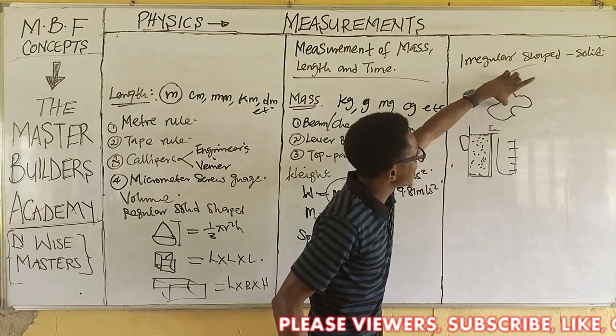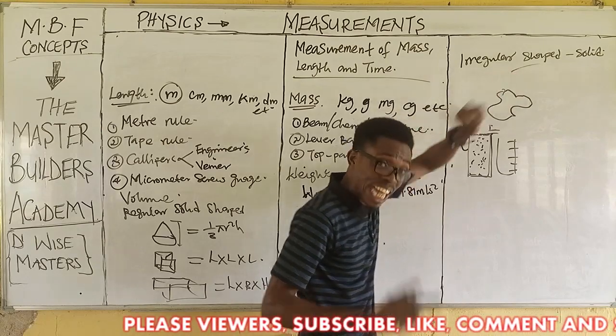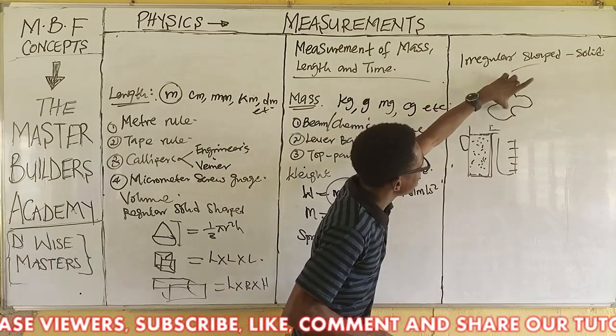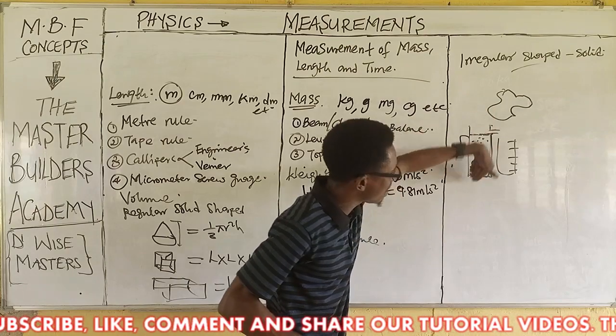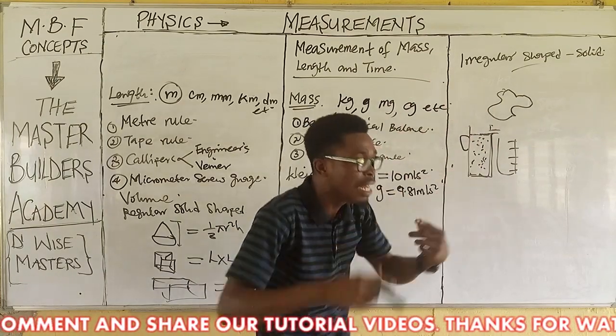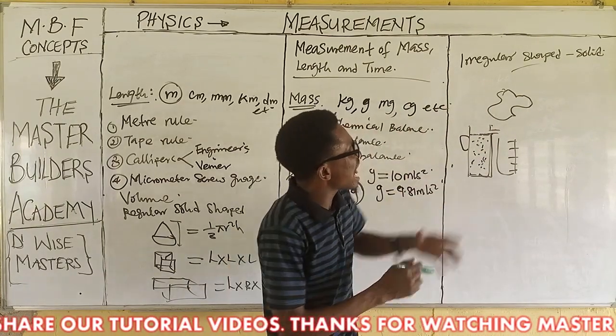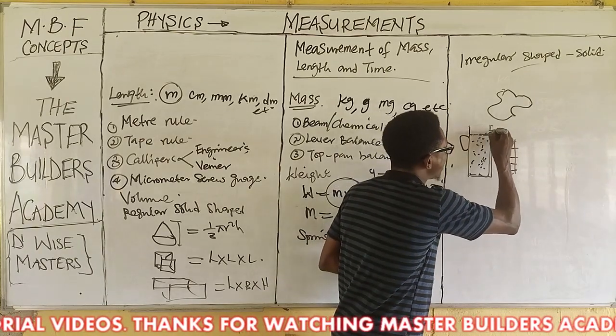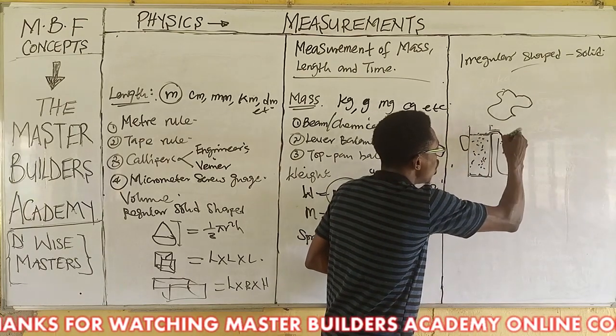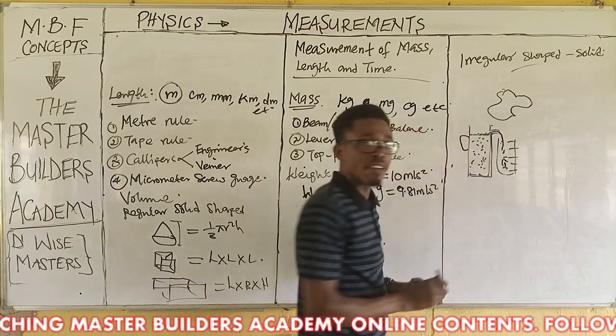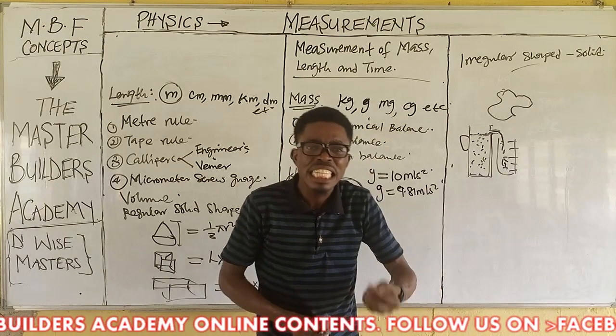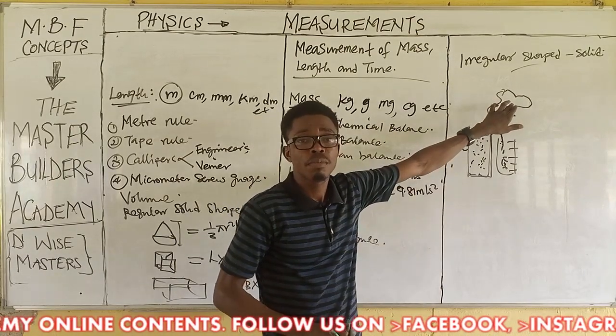Now, if I gently, don't forget, gently insert this irregular shape into this vessel and allow it to move down till it gets to the bottom, the amount of water that will be displaced from this vessel to this other measuring vessel is equally the volume of this shape.